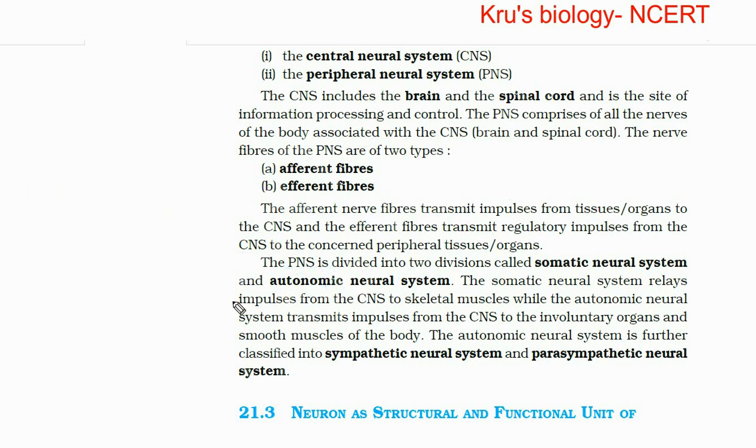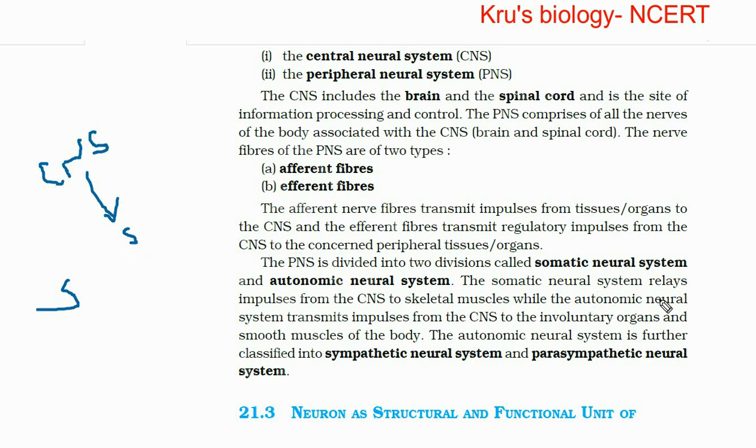The somatic neural system relays the impulses from the CNS to skeletal muscles, right?